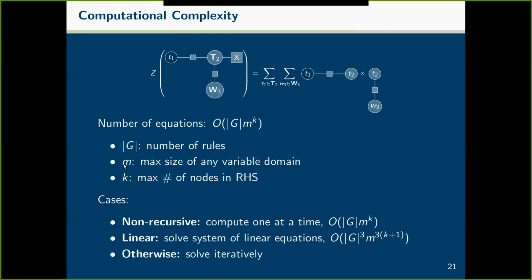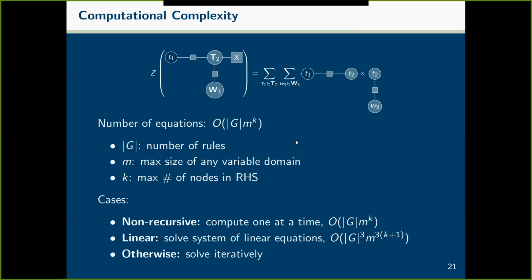So suppose our external node is some variable t that has maybe 5 possible values. Well, if we have one external node t, then we'll have to make 5 copies of the equation. If we have 2 external nodes, then we'll have to make 5 times 5 copies of the equation. And so that's where we get this m to the k. So we have size of G times m to the k equations in our system.